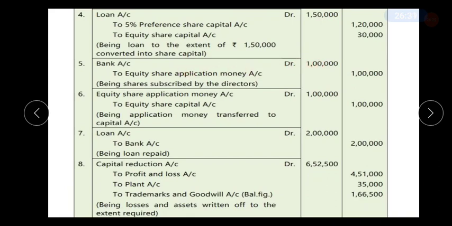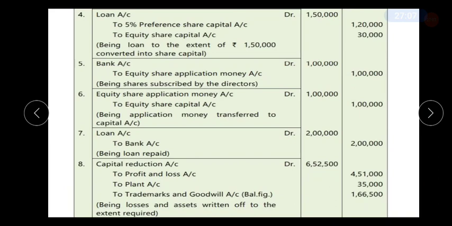So what is the entry? Journal entry is that whenever there is subscription of shares, the share application money will be received by your bank. So debit the receiver, bank account debited, because this 1 lakh share application money is received by the bank. So bank account debited to equity share application money account 1 lakh. And you don't keep the share application money in this account. You will transfer that into share capital account.